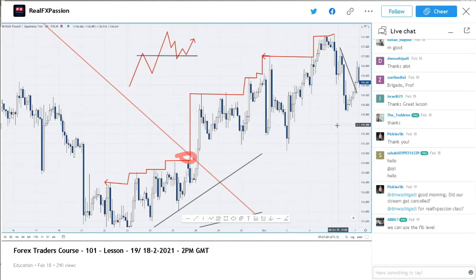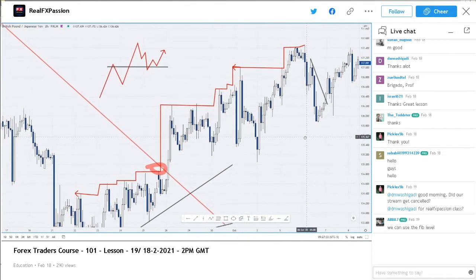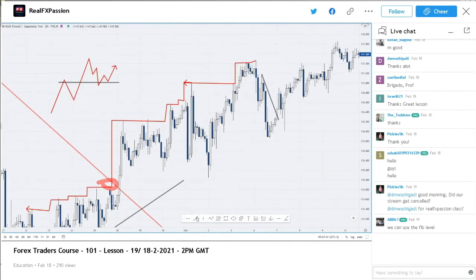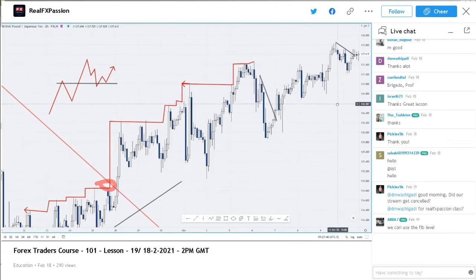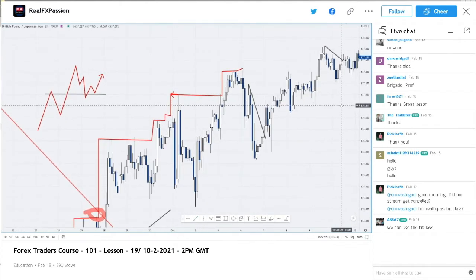Now the market is moving up and up, and down, sideways, and let's wait for the next. Now, as you can see, everybody, let's check the next. Counter trend line didn't happen, not yet. There we have it.